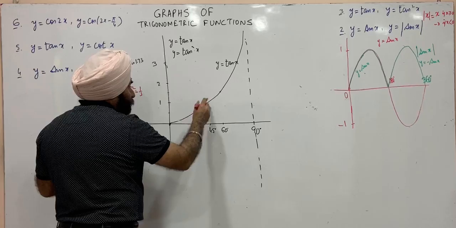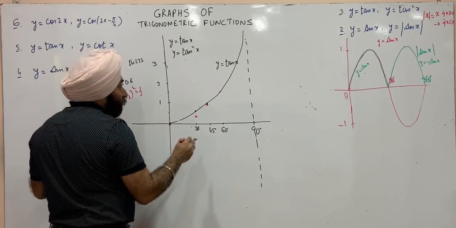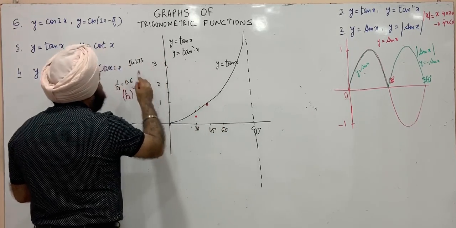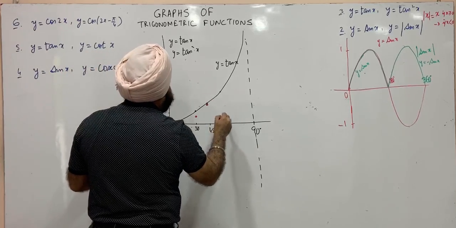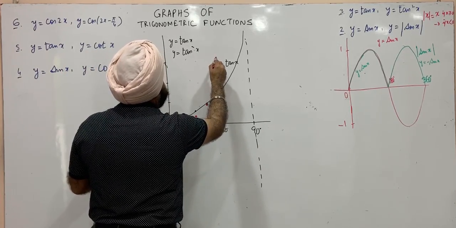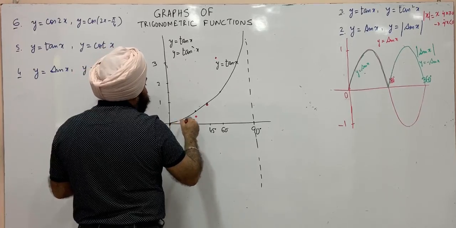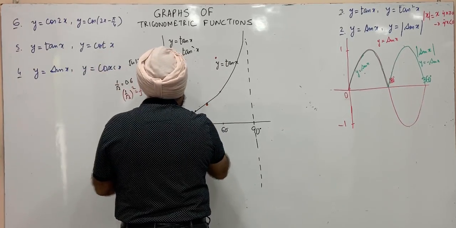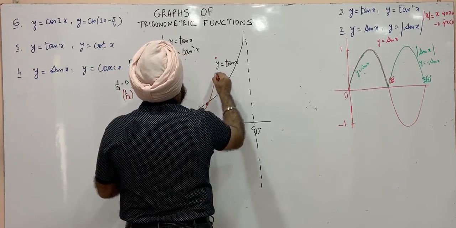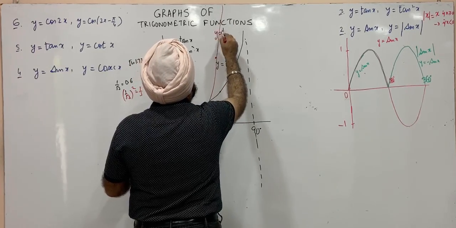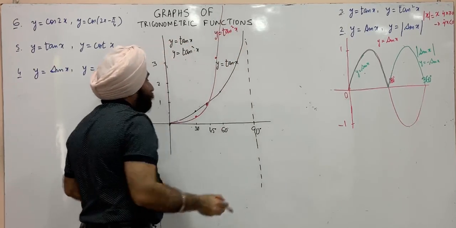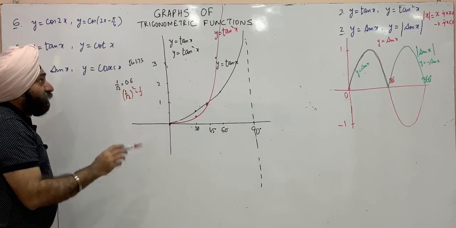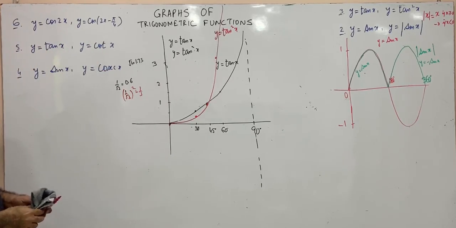That is why the graph is coming below the graph of tan of x. Tan 60 is root 3, square of that will be 3. So this is 3 here. So we join these points, and in red this is y is equal to tan square of x. So two graphs, tan x and tan square of x on the same scale.